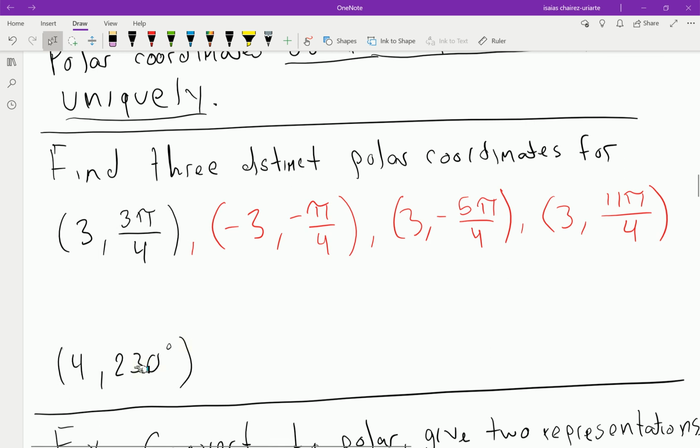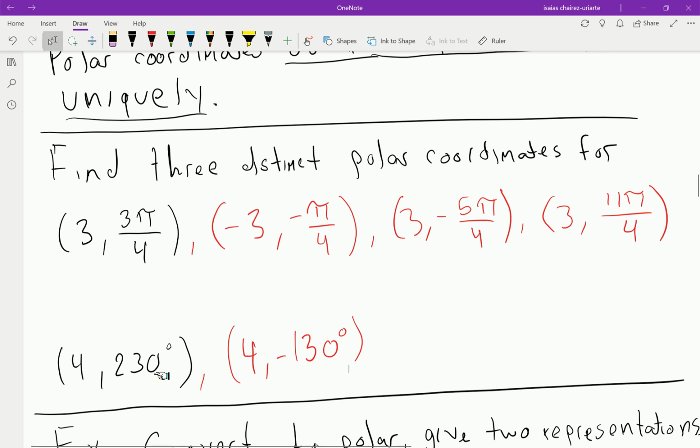Okay, let's think about the next example. Pause the video, try to find 3 distinct polar coordinates that represent the same point. All right, let's see. Well, I guess (4, 230°). I could also do (4, -130°).